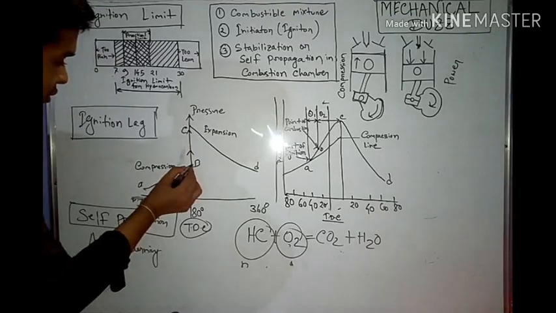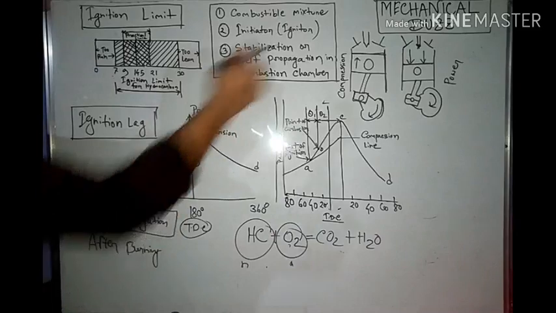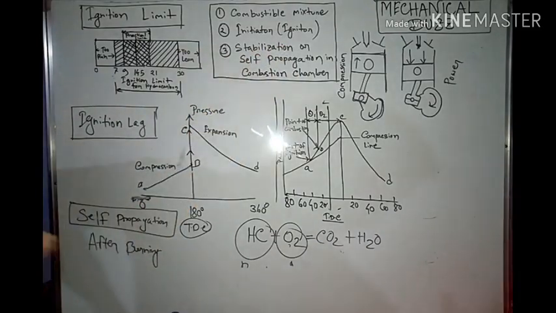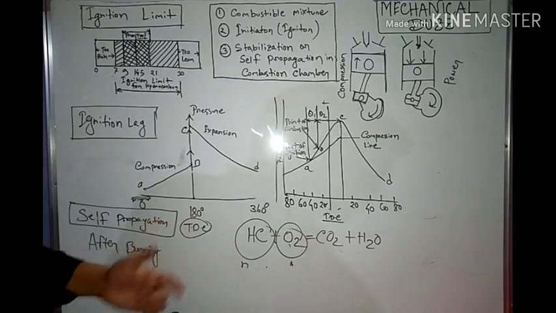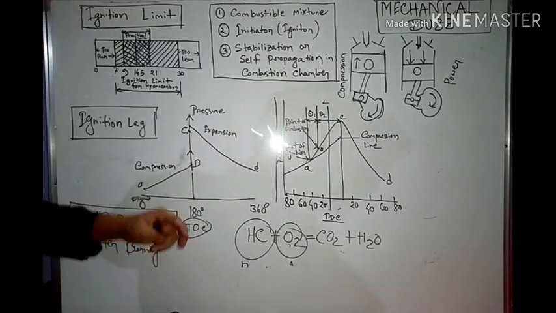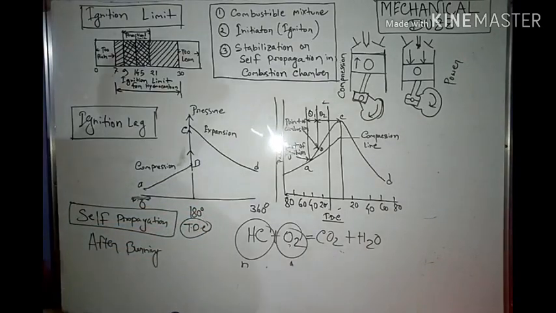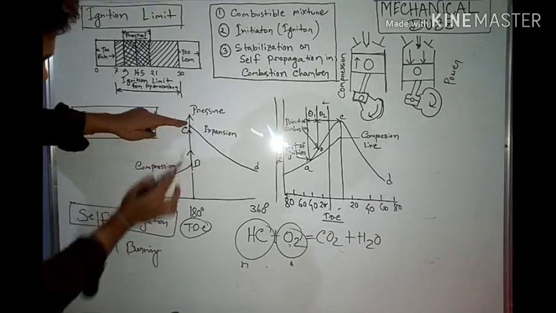From this point you see that the piston is not moving, which means the volume remains constant. Remember that this diagram is the theoretical one, not the practical thing, so don't get puzzled. From B to C the pressure is increasing at constant volume.